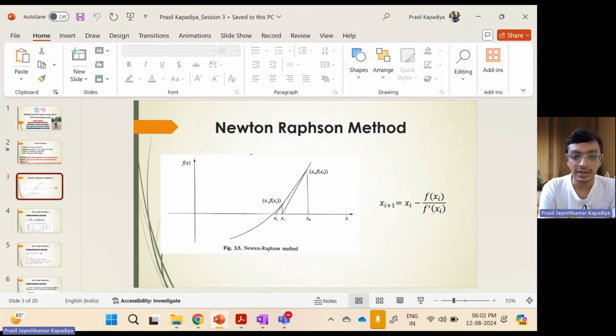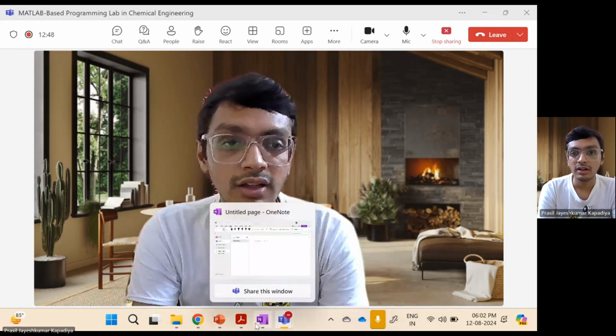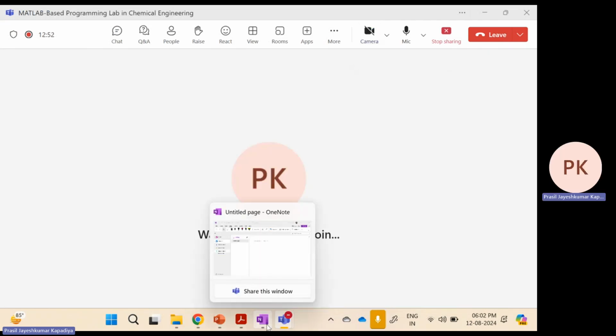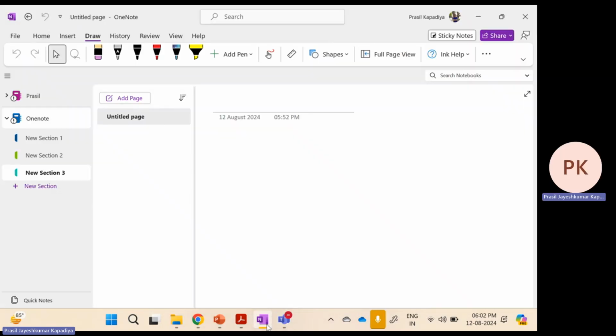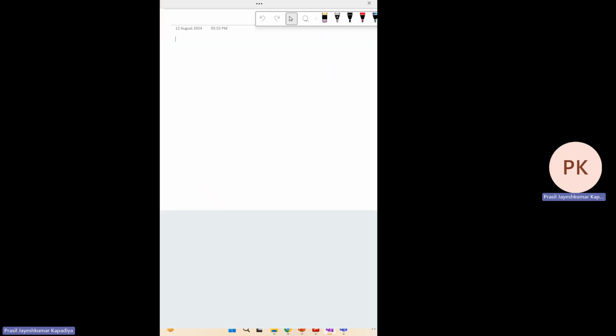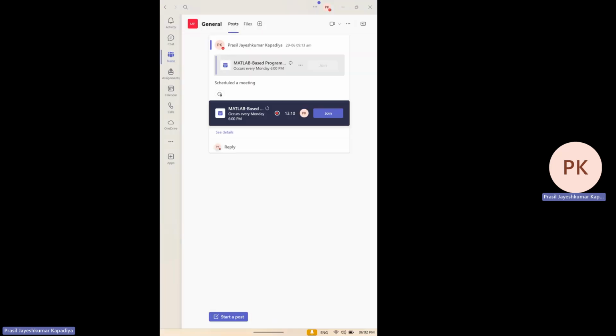So let's start today's session. For today's session, I will switch off my camera first. Okay. For today's session, we will be seeing various kinds of equations. I guess the screen is visible. Yes, and the Teams recording is also on.